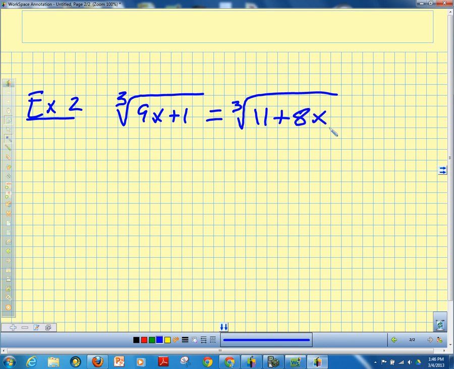So to undo a cube root, what am I going to do, Antonio? Just cube it. In this case, instead of squaring the square root, we cube the cube root, and you end up with what's underneath, yet again.